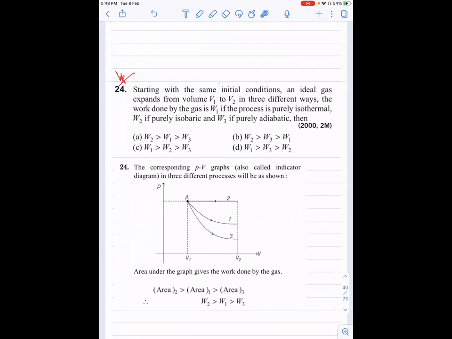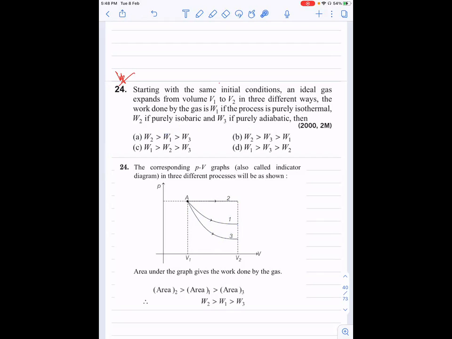तो सबसे ज्यादा किसमें? isobaric process में, for the same change of volume. This much area is covered. So isobaric was which one? W2. W2 is maximum. इसमें और इसमें से एक आंसर होगा. Second one is W1, that isothermal का एरिया इतना आ रहा है. तो one, second number पे one.